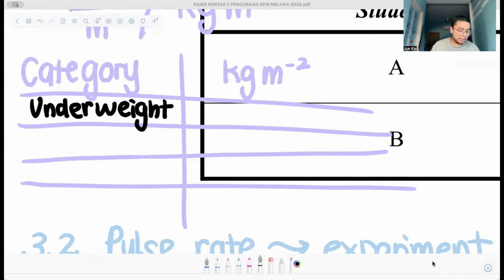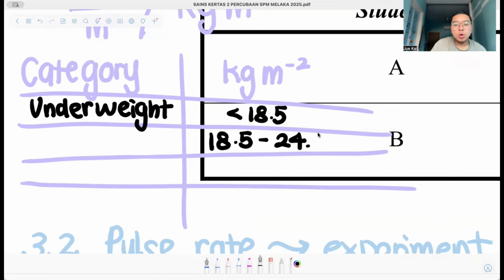Yeah, good job. Less than. Good job, Qixuan. So it is less than 18.5. So when the BMI is 18.5 to 24.9, what is the category?